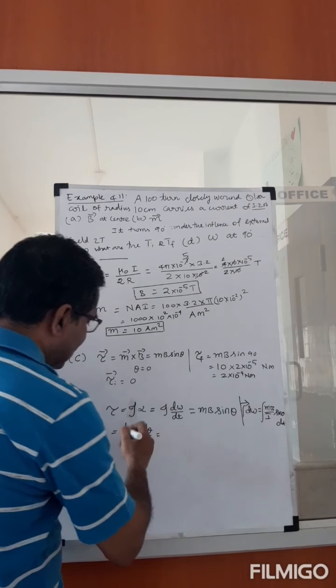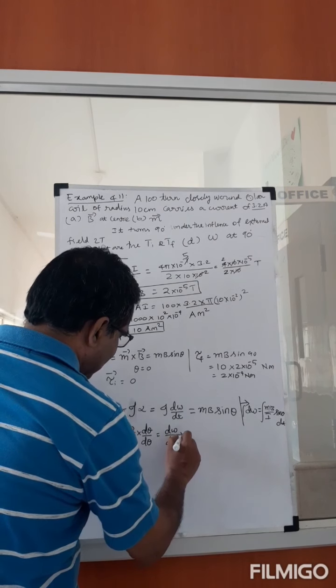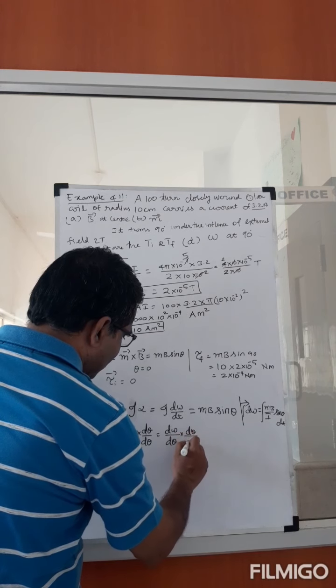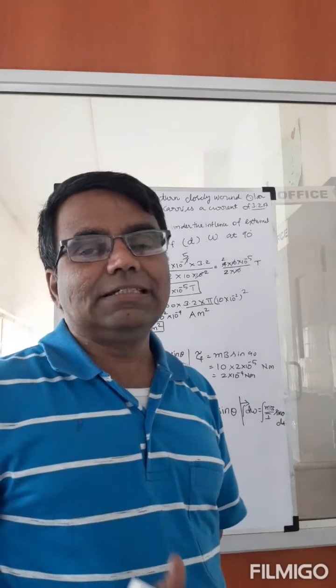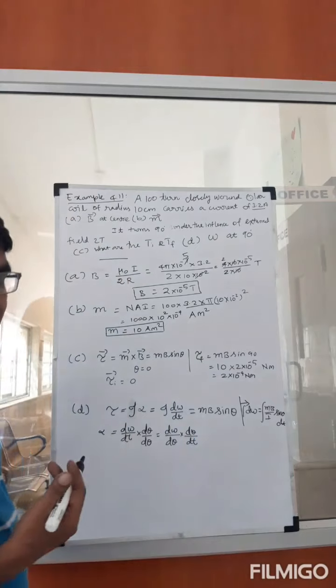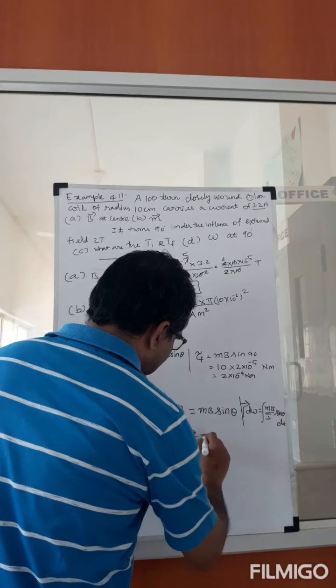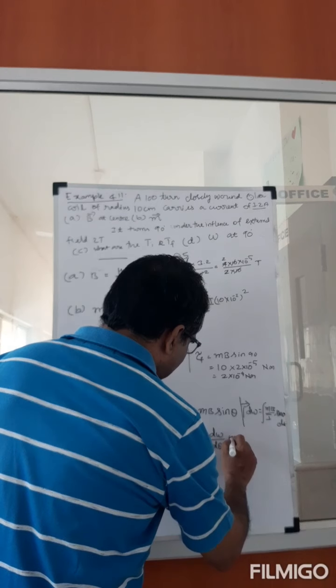So then I'm going to rearrange things. Now I'm going to get d omega by d theta into d theta by dt. But what is d theta by dt? d theta by dt is nothing but omega, the angular velocity. So it's going to be d omega by d theta times omega.